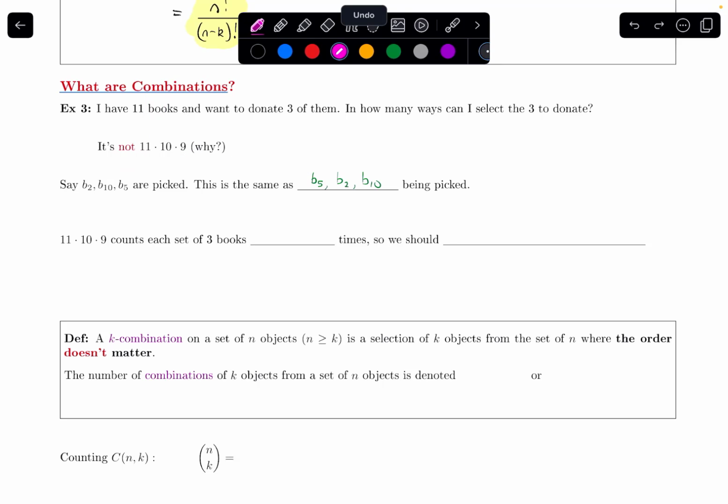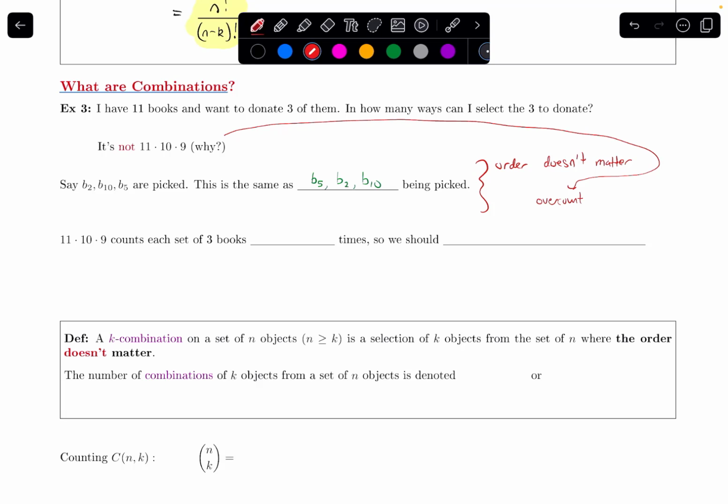So the issue that we're seeing here is, for this problem, the order in which we pick doesn't matter. So as a result, this 11 times 10 times 9 overcounts what the actual answer should be. So I'm going to put a little sad face here. Unfortunately, that's not quite right. But we can fix this pretty quickly. So how do I fix it?